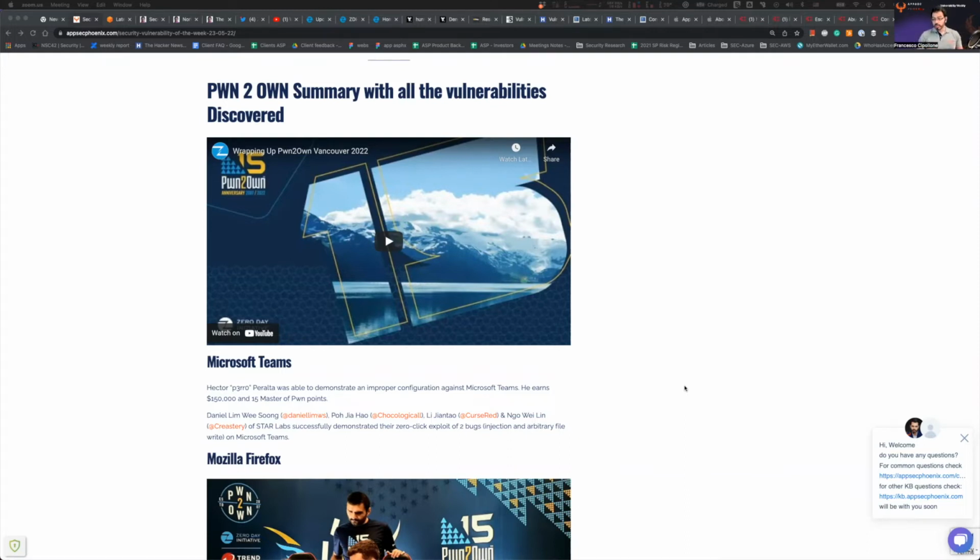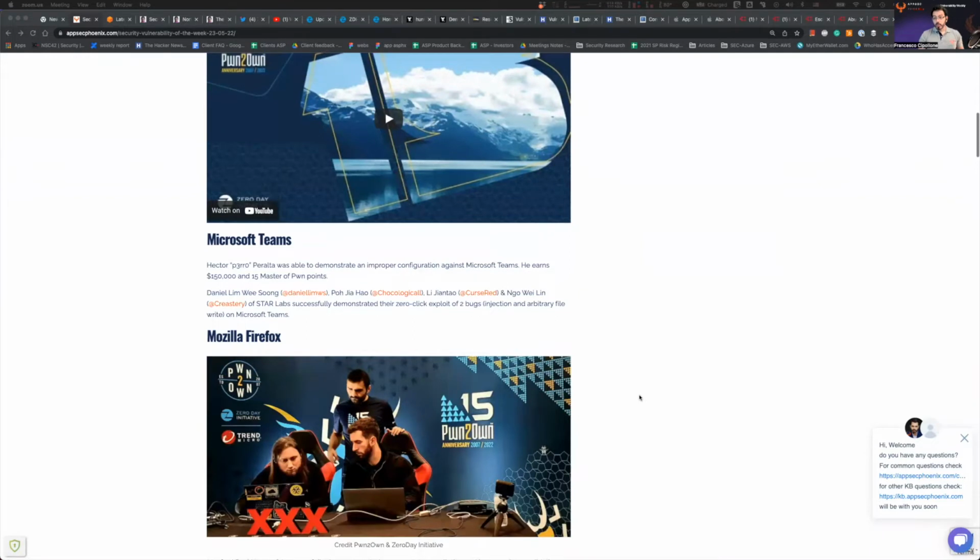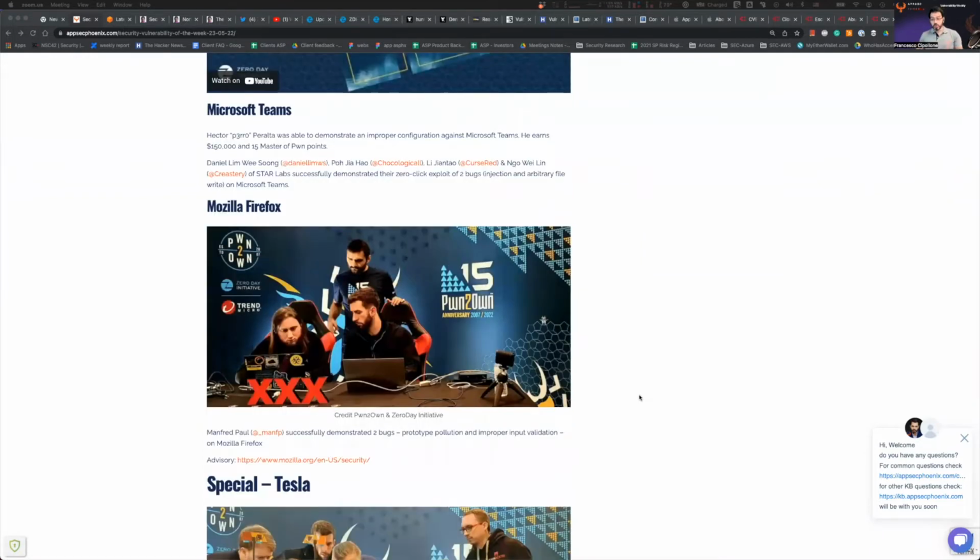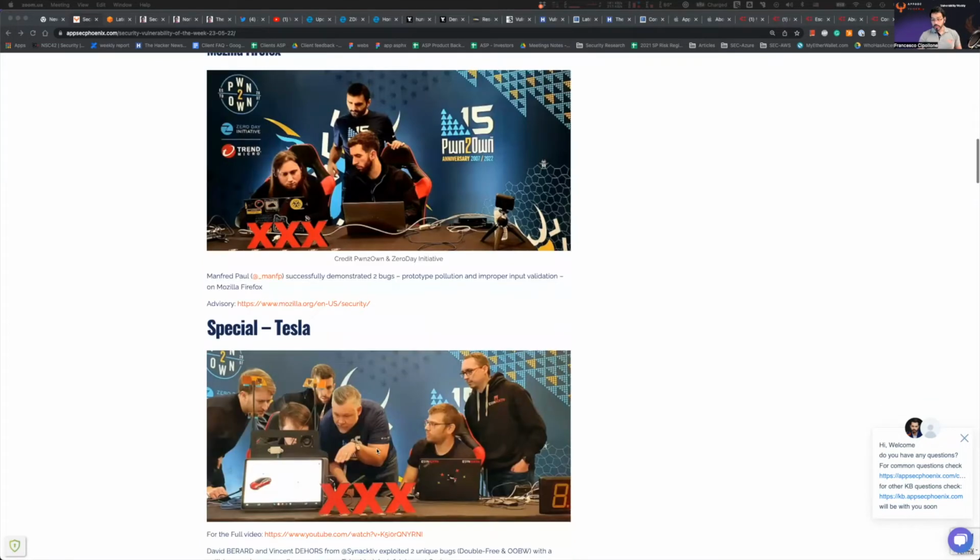The one that actually made more news was 2 bugs with prototype pollution sequenced together that were actually quite dangerous because they enabled an attacker to do probably something a bit more heavy on the browser and injection on the browser.